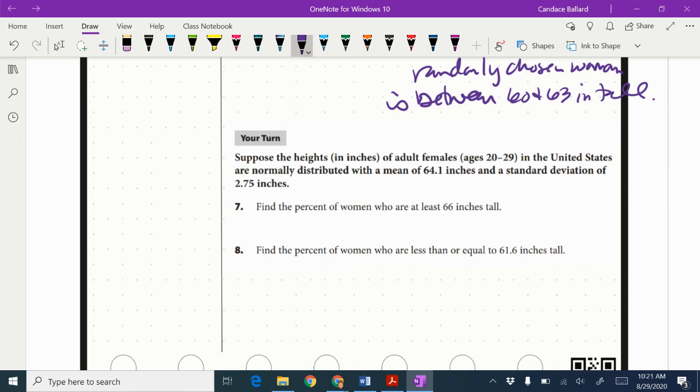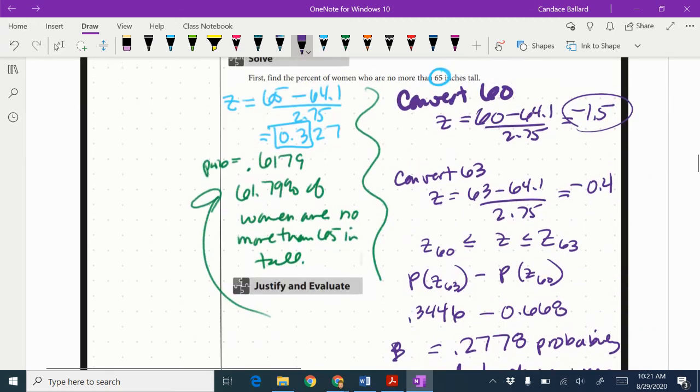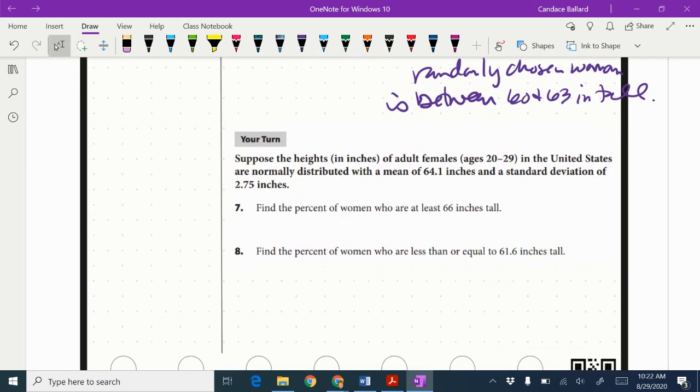All right, we're using the same data for 7 and 8, okay? And this says 66, so I'm going to calculate my z-score for 66, which I don't think I have yet. Nope, we did 65, so I'm going to start with that z-score. So z equals 66 minus 64.1 over 2.75, which is going to get me 0.6909, which would round to 0.7.